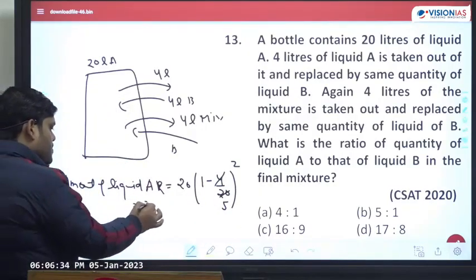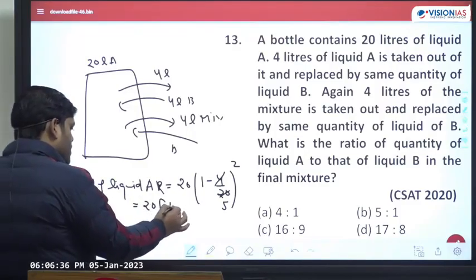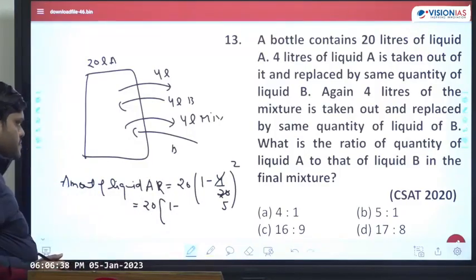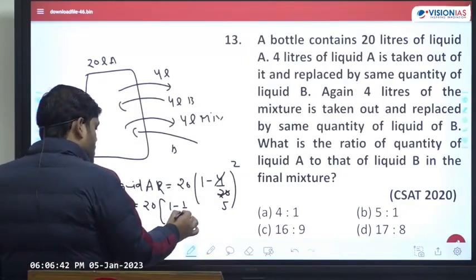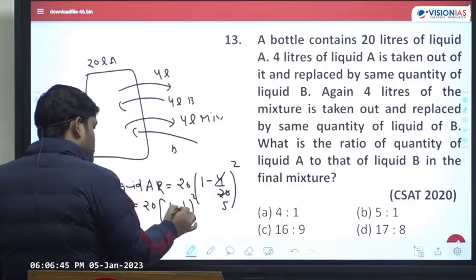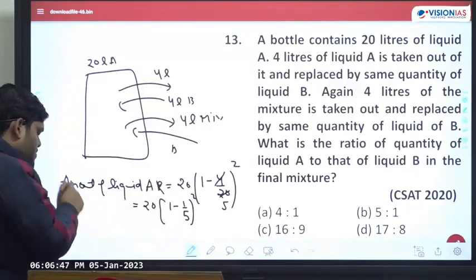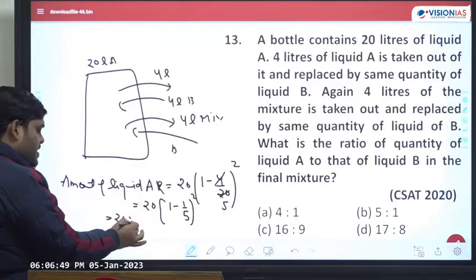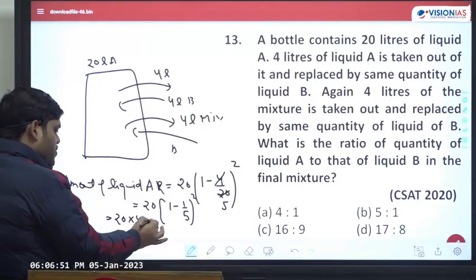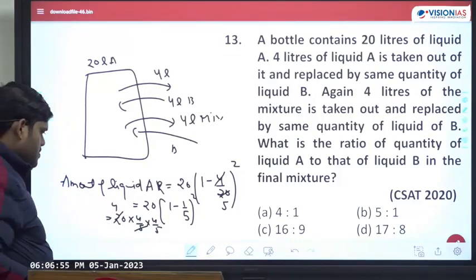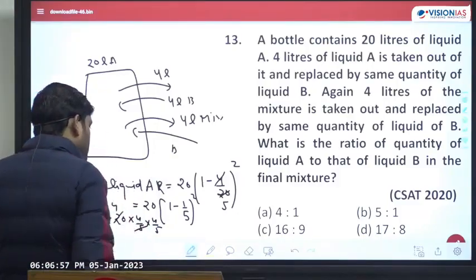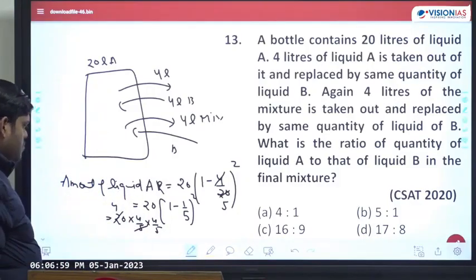So this becomes 20 into 1 minus 1 by 5 whole square. 20 into 4 by 5 into 4 by 5. Something is going wrong.